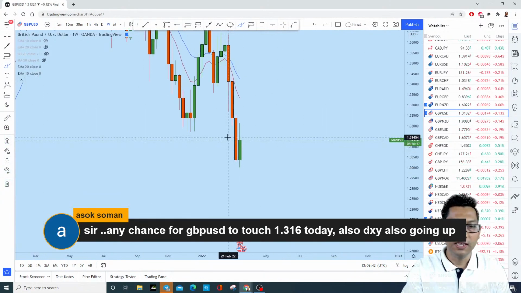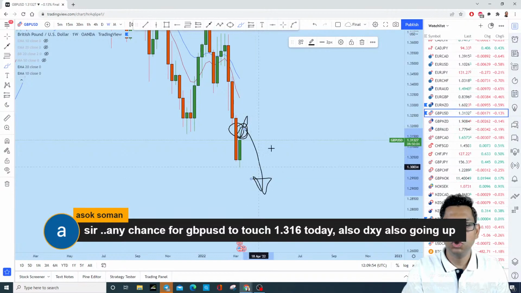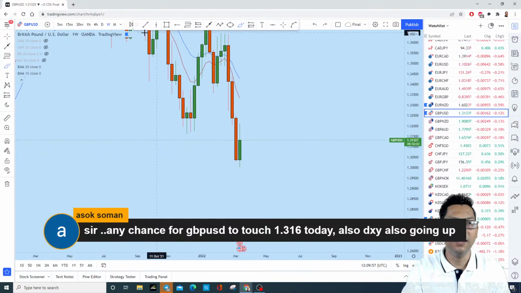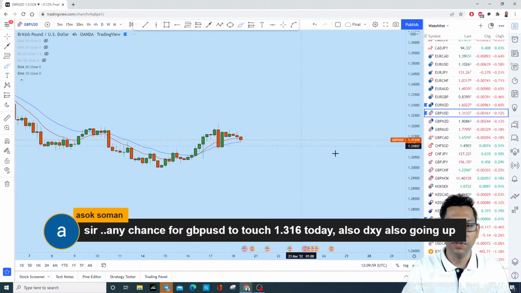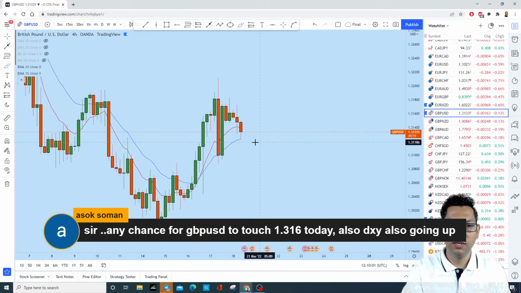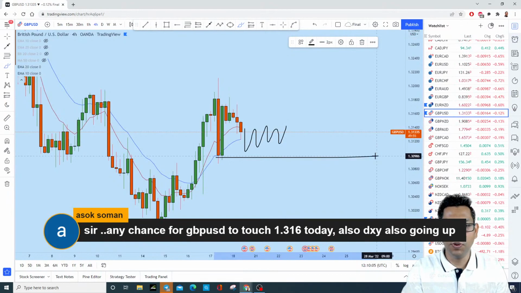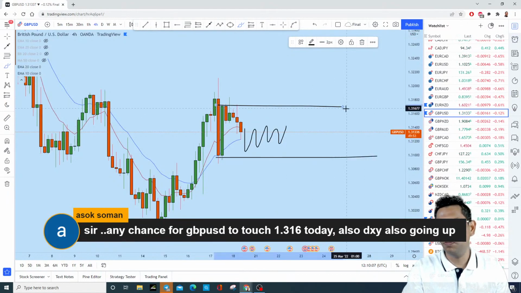If this weekly candle closes like that, the next one is likely to go up a little bit, maybe around 50% of this weekly candle, and then should go down. So GBPUSD later today is likely to go sideways.